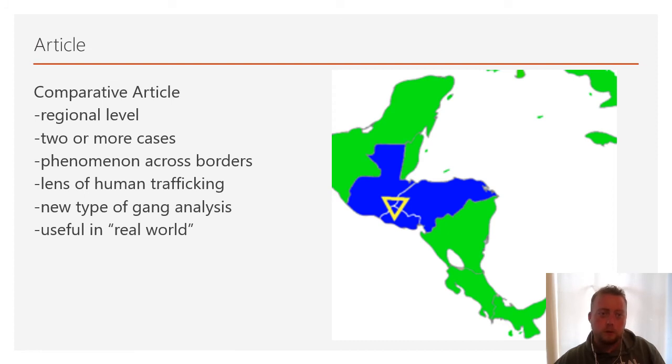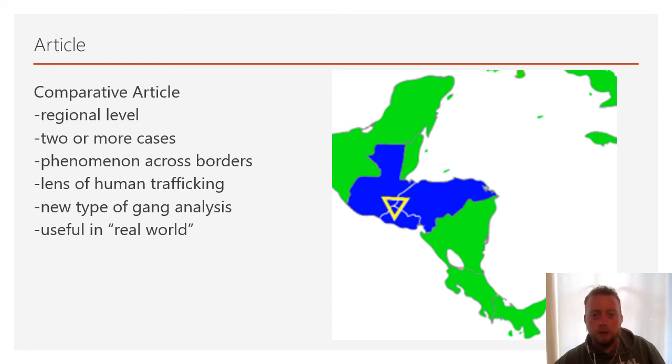All right, the article I wrote with Tom Bowerman. I thought this was a good piece to show you, to have you read, because it's sort of a quintessential comparative article. It's a regional level focus of Northern Triangle countries in Central America. We have two or more cases because we're looking at the three countries of the Northern Triangle.